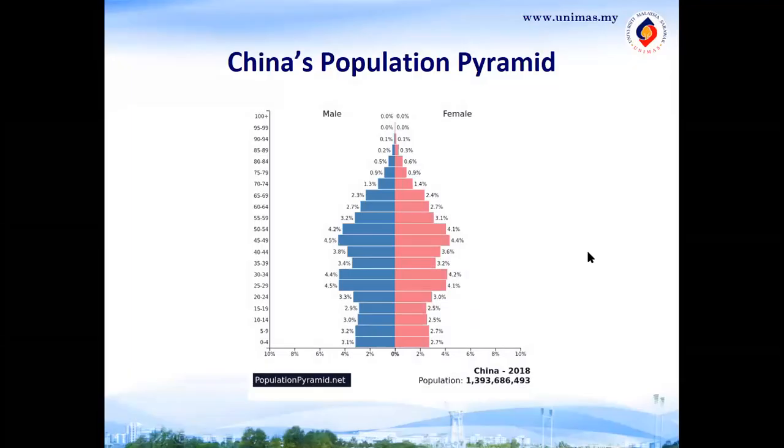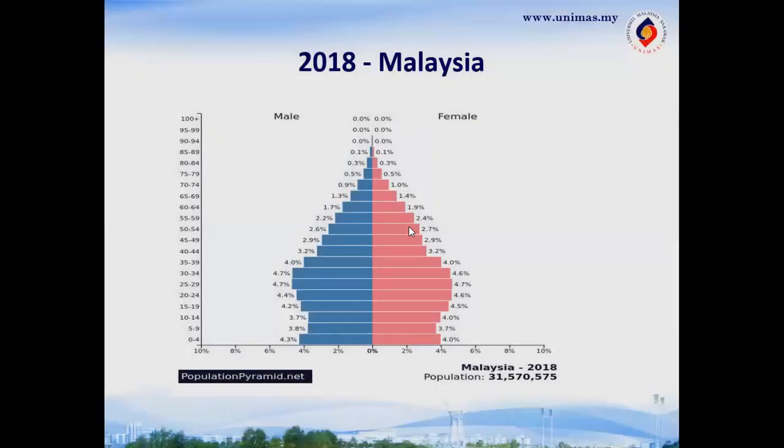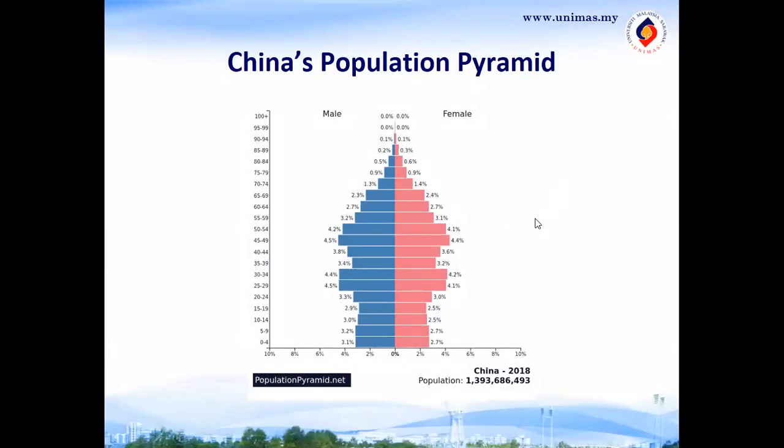Okay, China, ini pula China, right? Where the shape is very much different from Indonesia, from the traditional classical pyramid, ya, very much narrower base, ya, disebabkan oleh kadar fertility yang sangat-sangat kurang, right?